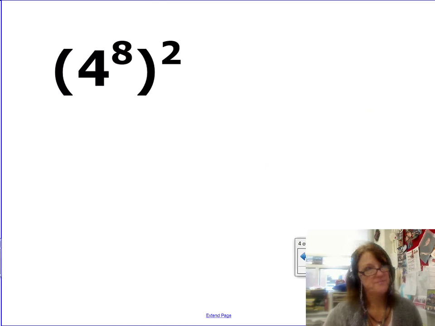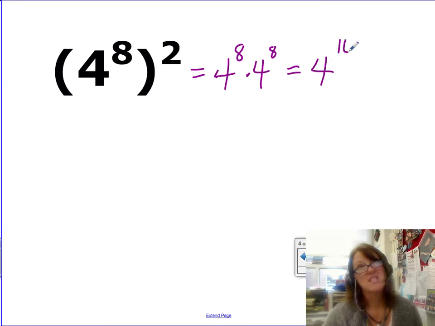Cool. How about this guy? This entire quantity to the 2nd power means 4 to the 8th times 4 to the 8th. That means you get 4 to the 16th power.